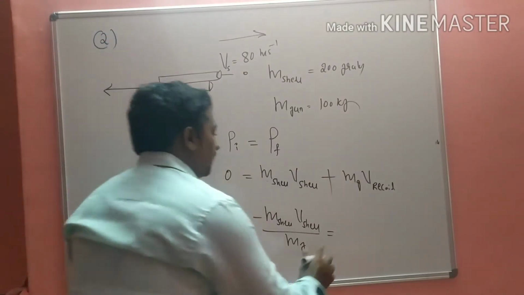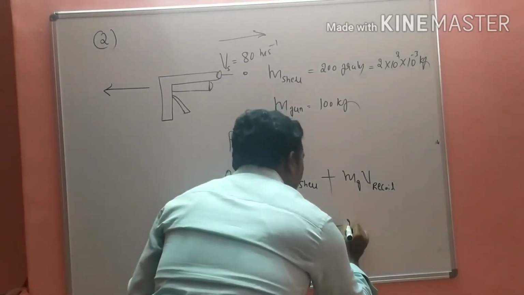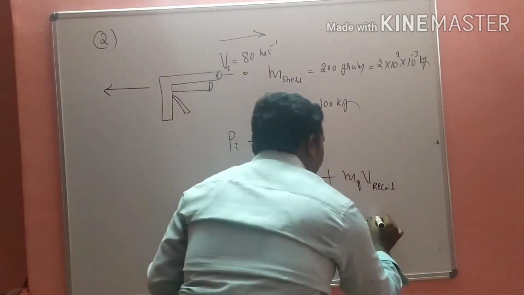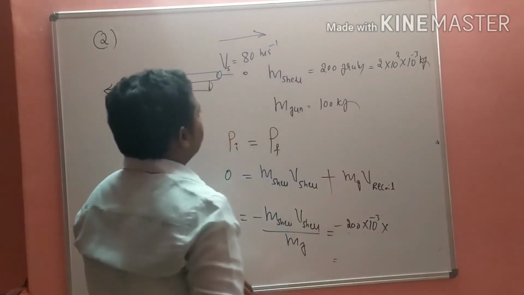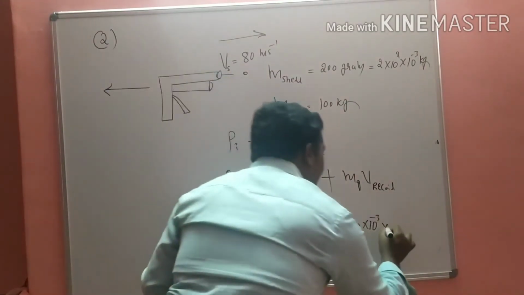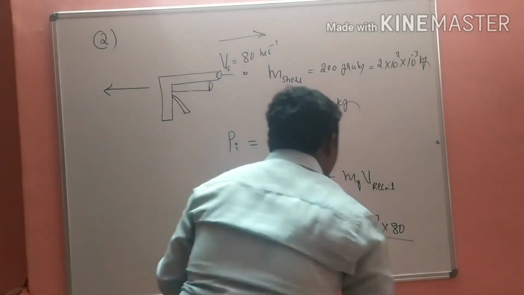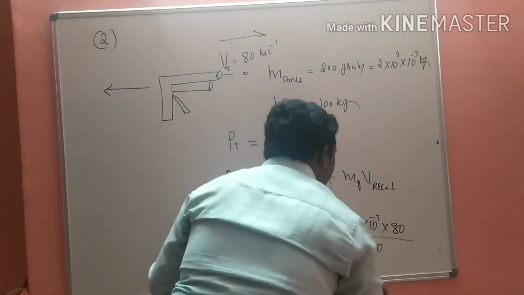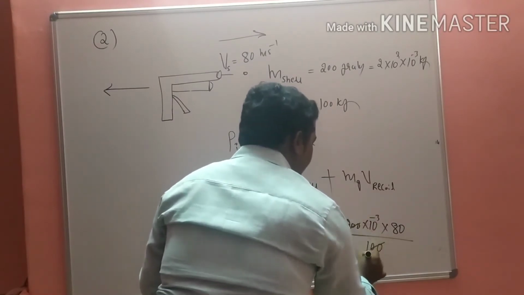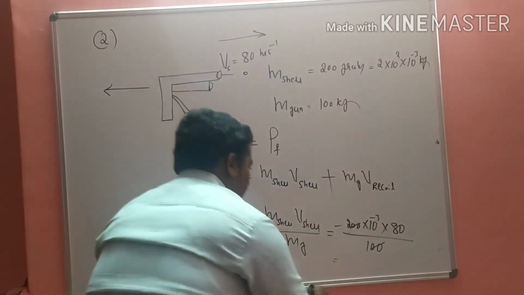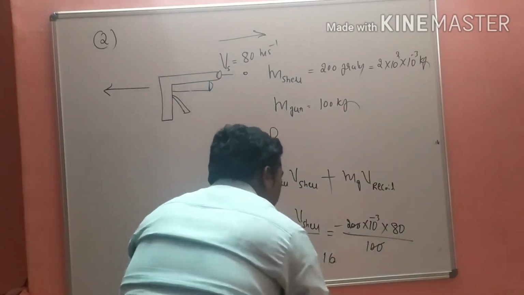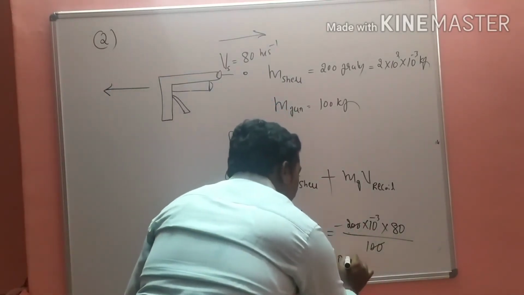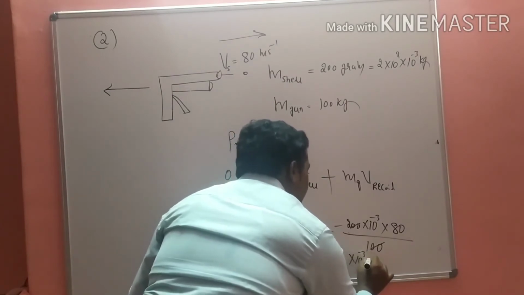So minus 200 into 10 to the power of minus 3, into the speed of the shell 80, divided by the mass of the gun 100. So 20 gets cancelled, 8 twos are 16. Very easy. 16 into 10 into 10 to the power of minus 3.